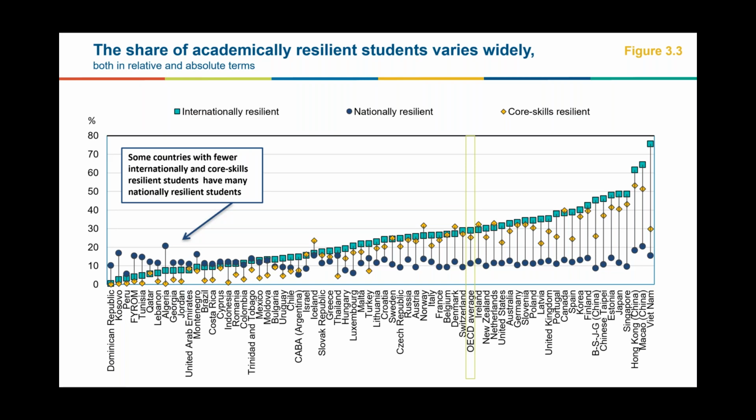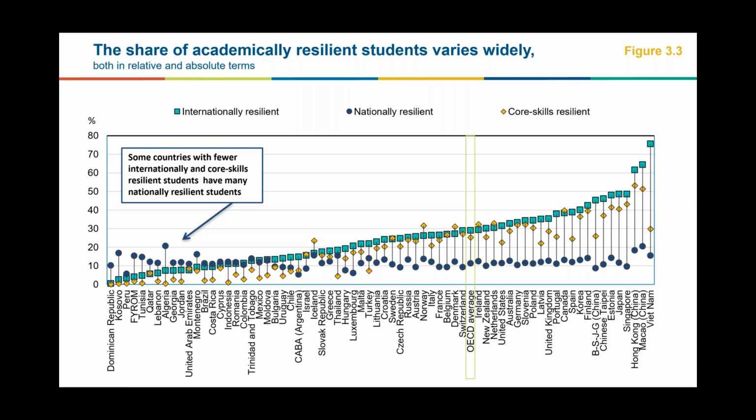You are a disadvantaged student, you come from a disadvantaged background, but over 70% of those students do still do well on the PISA assessment. Whereas you can see on the left side, some of the countries have virtually no students that actually do well on the international standard. When you look at national resilience, there's much less variation across countries.